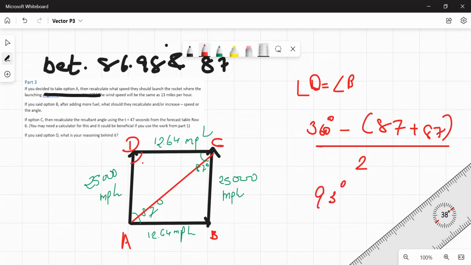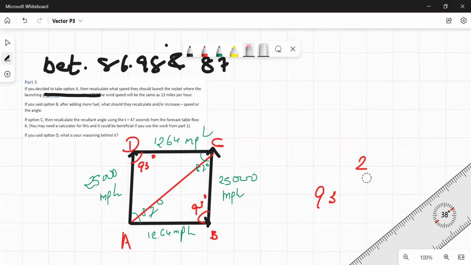So each angle right here, we just found 93 degrees for angle D and angle B. Of course, we did it in the last question as well, so I could have just taken it, but it's better to show it again. Now we can continue on finding the resultant angle and the resultant vector, or the resultant speed, I guess, in our case.